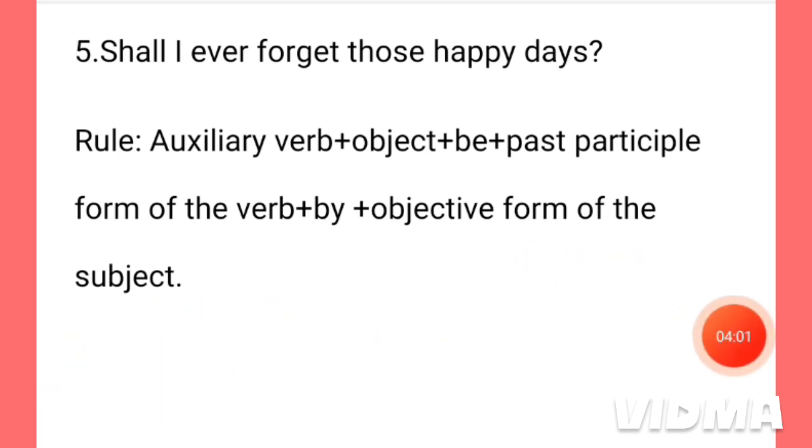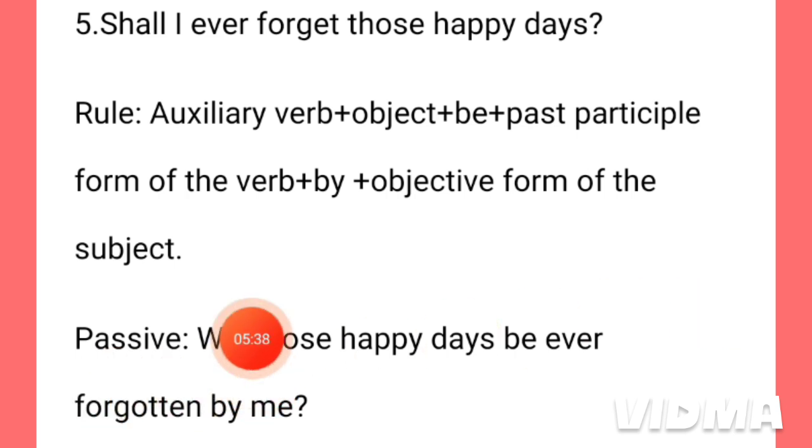Now, see the answer. According to the rule, we have to use first the auxiliary verb. So, we have written here the auxiliary verb. Here the auxiliary verb is shall, and the subject is I. After the auxiliary verb, there is the object.